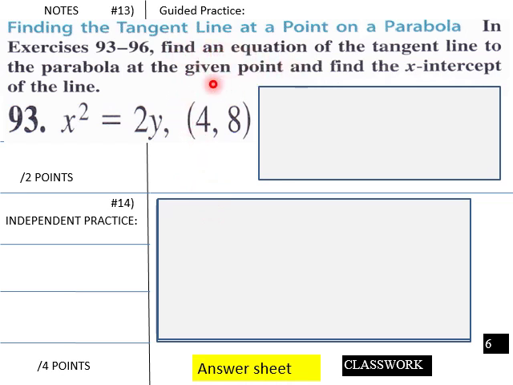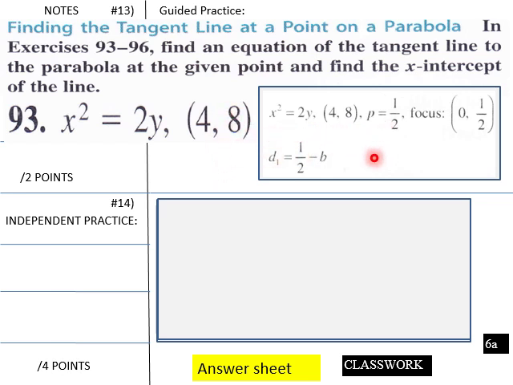So let's try one here. Find the equation of the tangent line to the parabola at the given point, and find the x-intercept of the line. So x squared equals 2y, and here is where it's tangent to this parabola. We're going to do this part of the problem, students. You get part 2 to do on your own. So x squared equals 2y, and (4, 8) is our point where it's tangent.